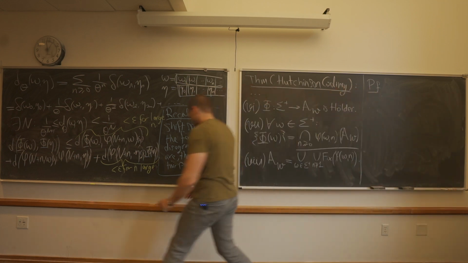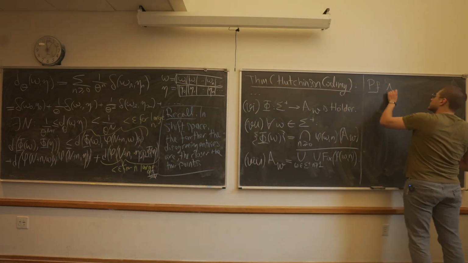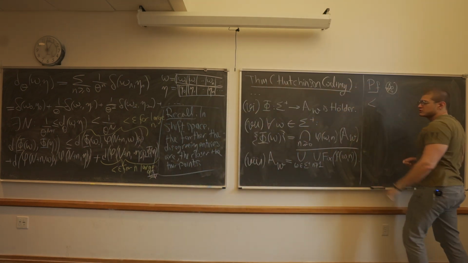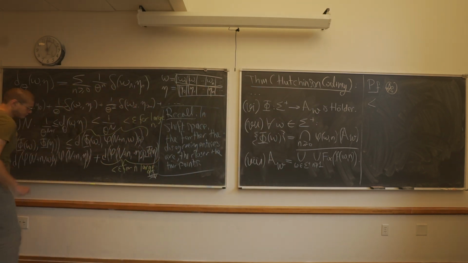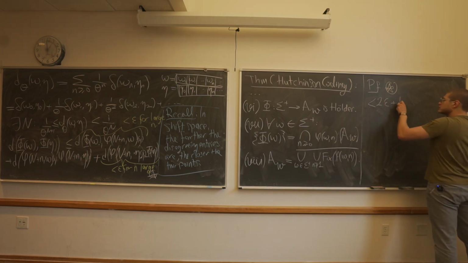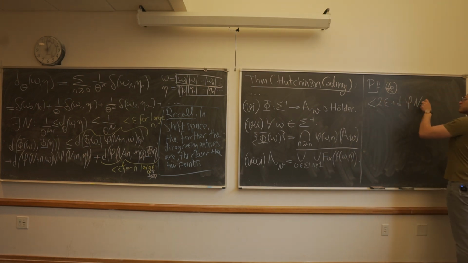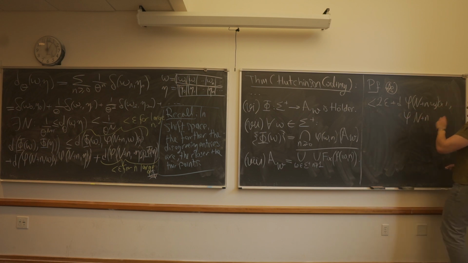So continuing from here, so I have 2 epsilons plus this term. Omega applied to x, comma, phi n plus n, comma, eta applied to x.